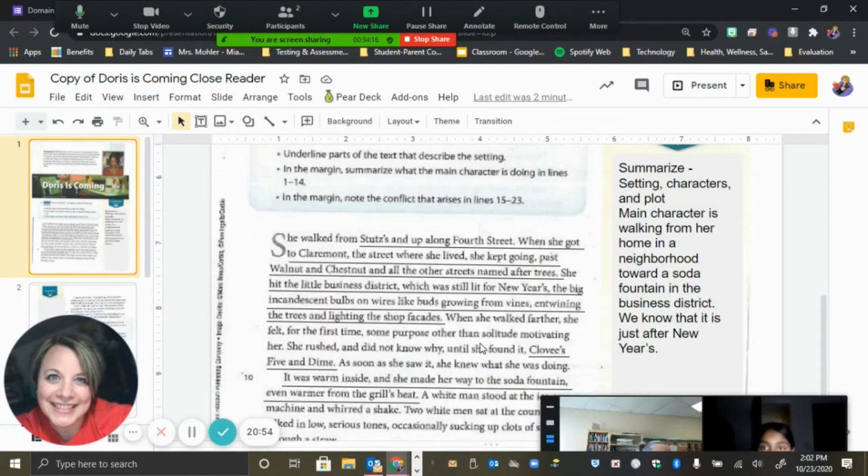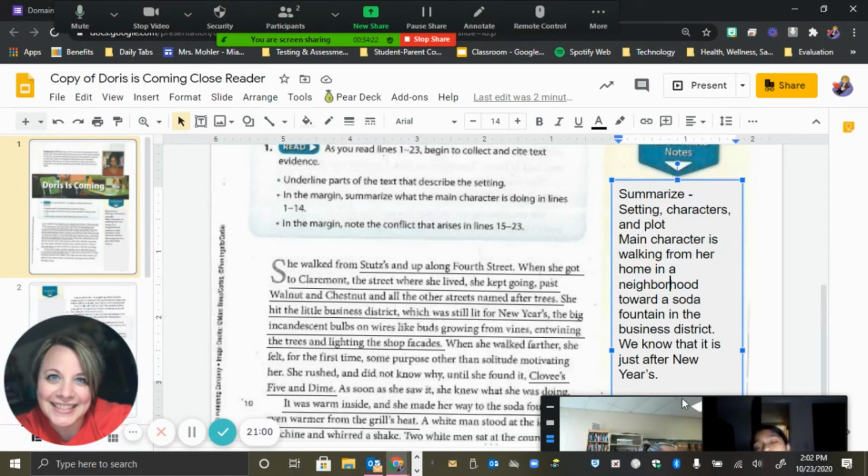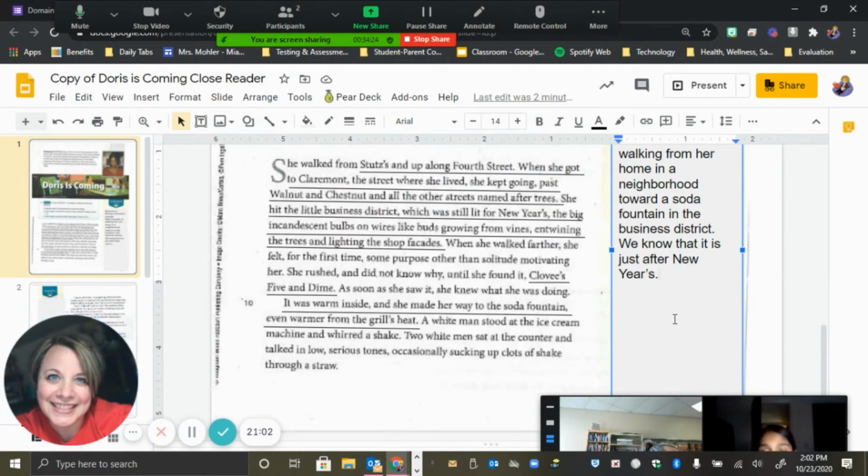So, what can we assume about Doris, who is our main character? We know this now. What can we assume about Doris based on that last part? Doris is not white.